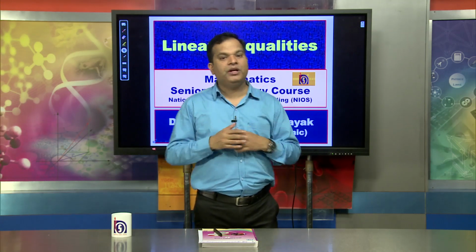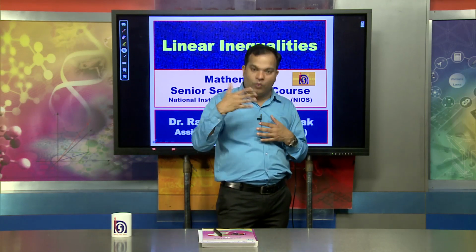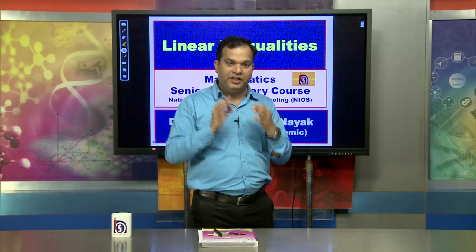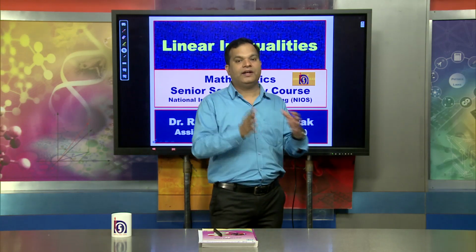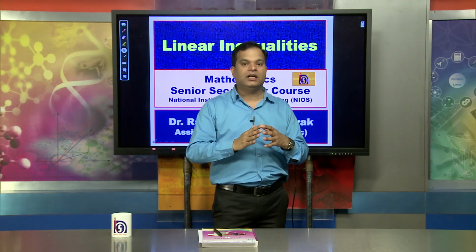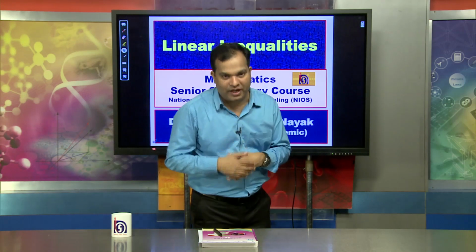Right now we will discuss more about what exactly linear inequality is, how we have to solve it to find the variable involved, and what are the different problems that we face in our day-to-day life.